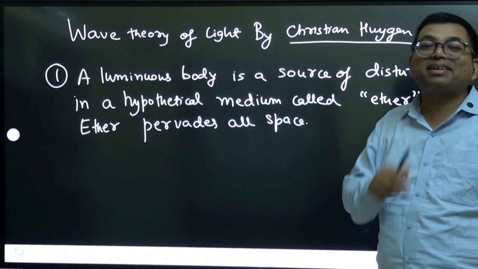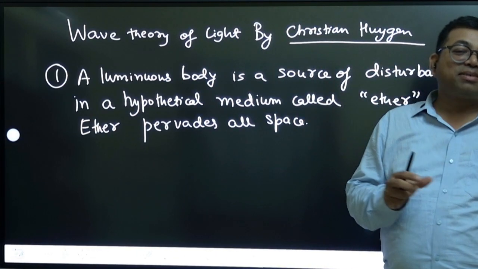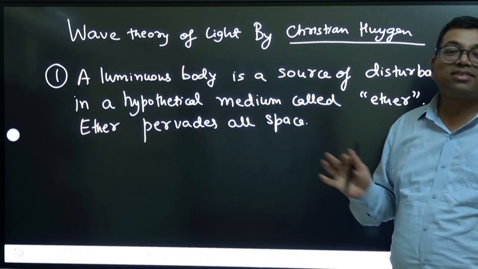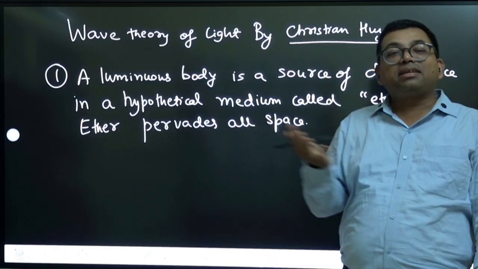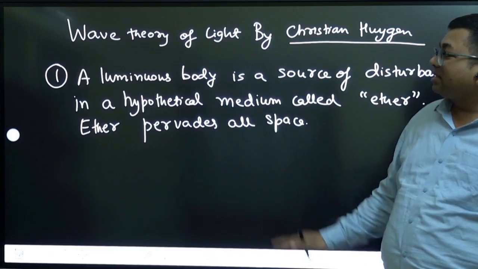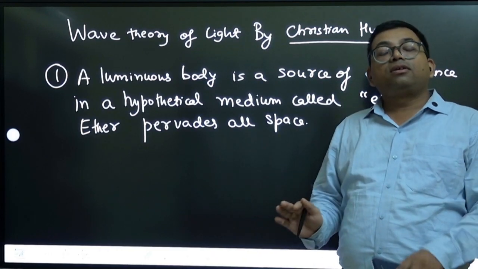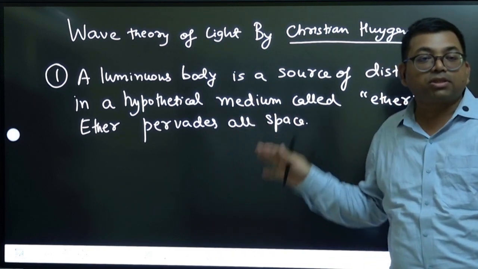It is not the chemical ether. By the way, in chemistry you must have studied about ether, right? This is not that ether. This is the name of a medium which exists everywhere, he is saying. Wherever you can think, wherever you cannot think, everywhere this medium is present.